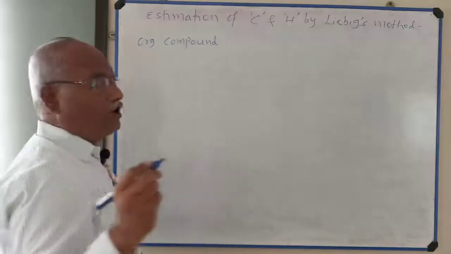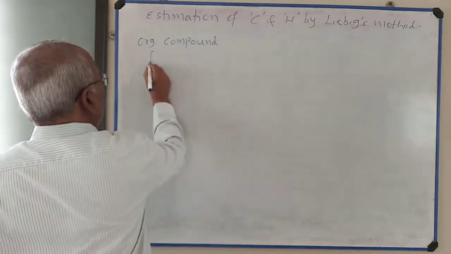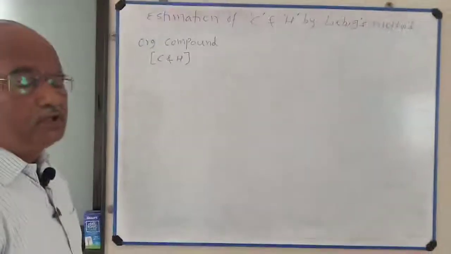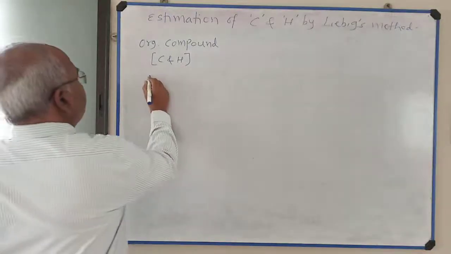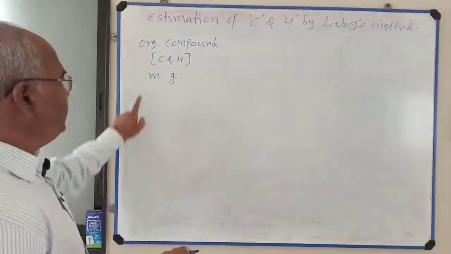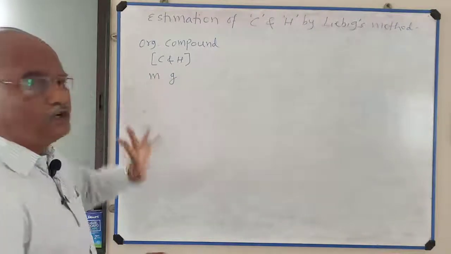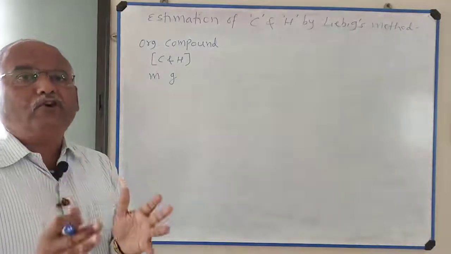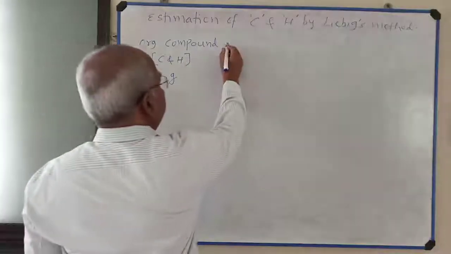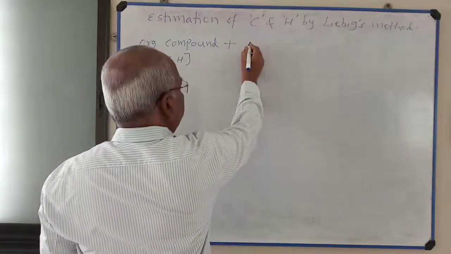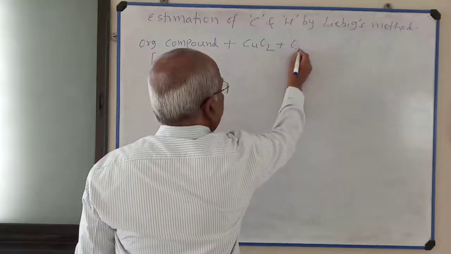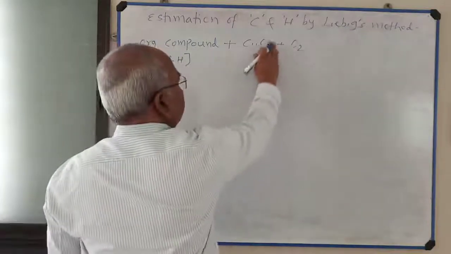Suppose the organic compound contains carbon and hydrogen. We have taken m gram of organic compound. So remember, whenever notation small m comes, it indicates mass of organic compound. This organic compound is heated with cupric oxide in presence of oxygen.